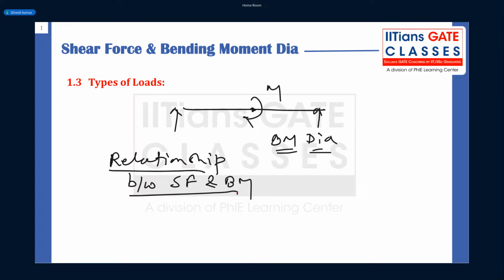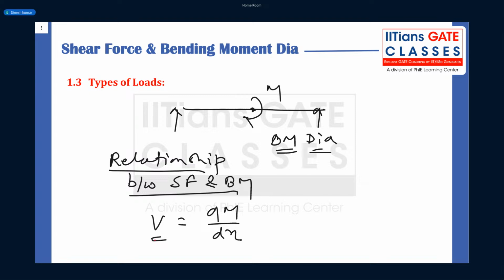Okay, so shear force you can denote by V or F. Usually we denote it by V. V is given as dM by dx. The rate of change of bending moment gives us the shear force.